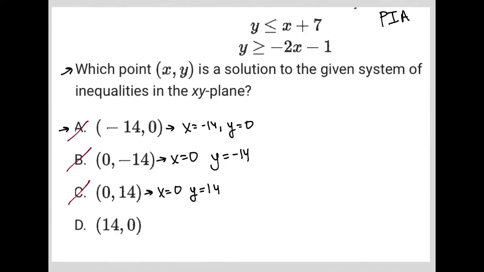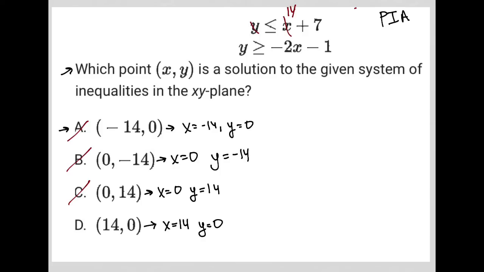And to our last one, which better be the right answer unless we made a math error somewhere, which is possible. But let's just check it out instead of just choosing it. So here we're saying x is 14 and y is 0. So let's see if that works. Okay, so let's see. So if x is 14, just thought of a much faster way to solve this.